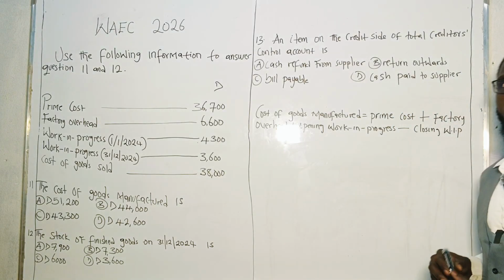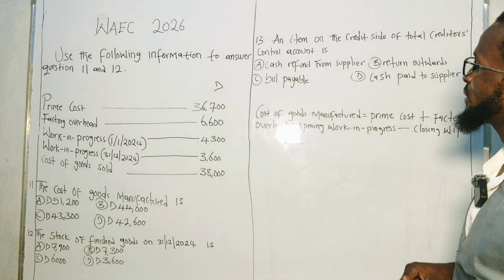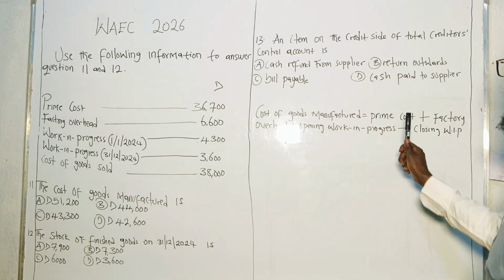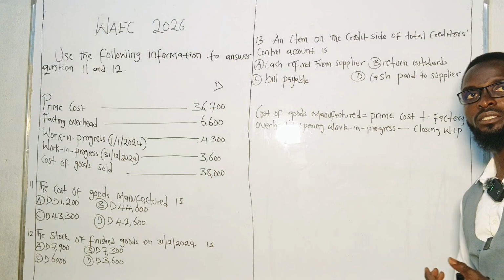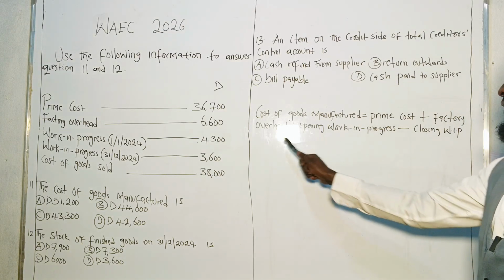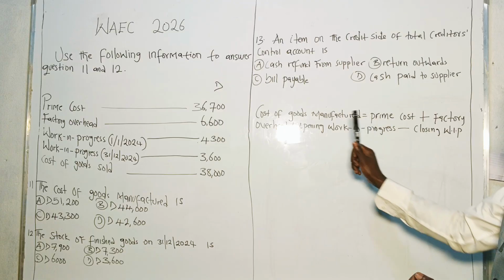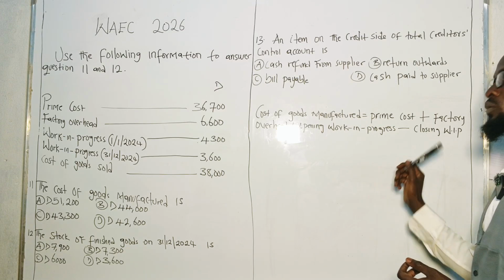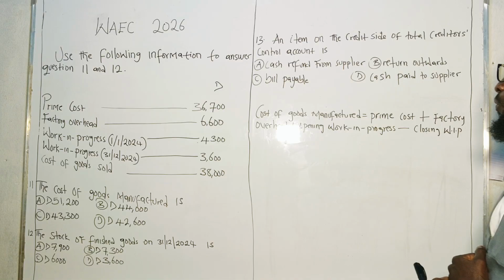This should be our formula. If you want to determine the cost of goods manufactured, you take the summation of your prime cost, that is your combination of direct cost, plus factory overhead, your indirect cost, plus opening work in progress, minus closing work in progress.